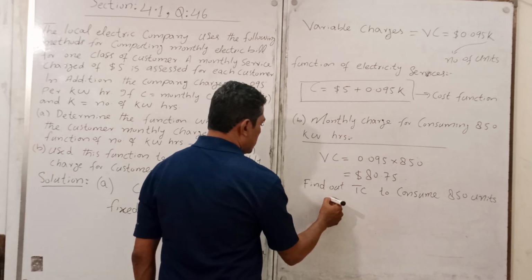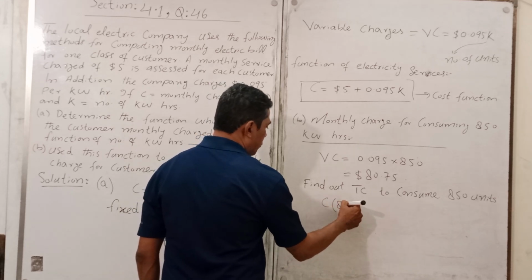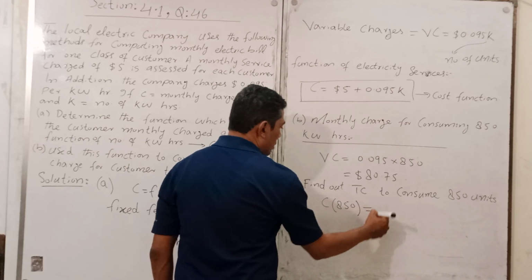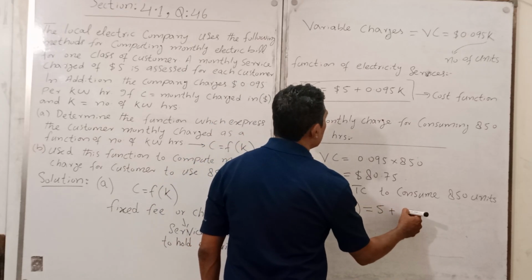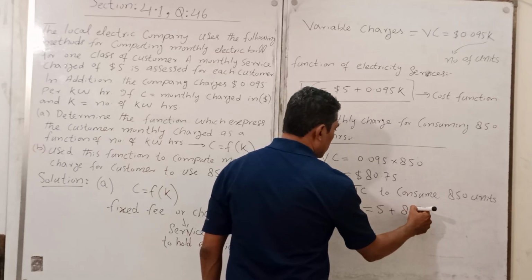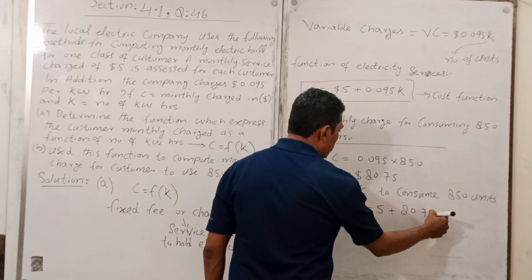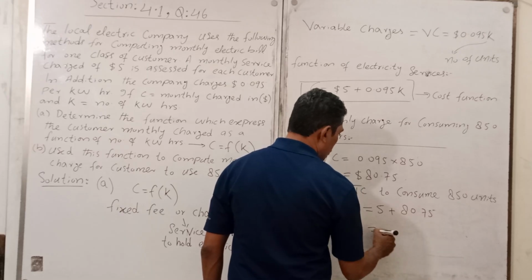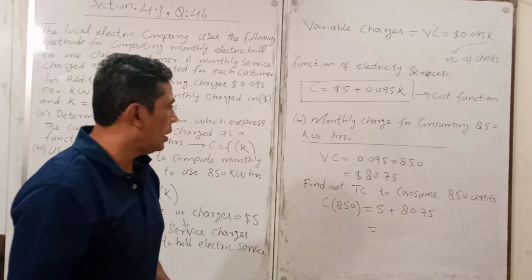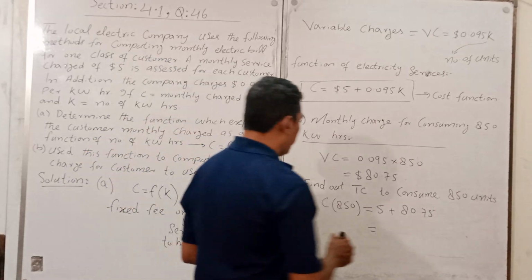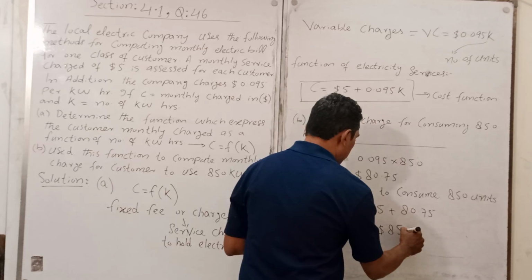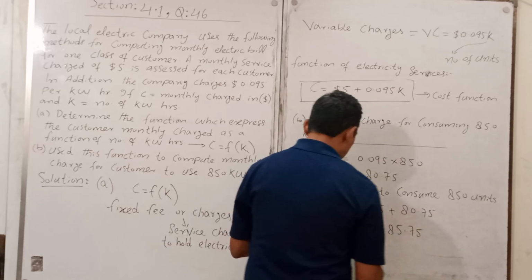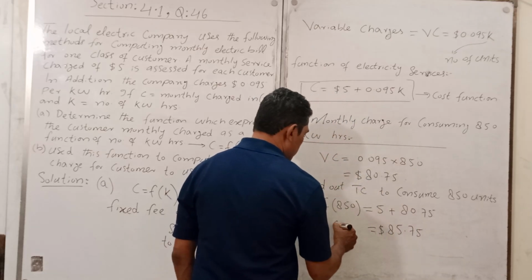So C of 850 equals 5 plus 80.75, which gives $85.75. This is your C of 850.